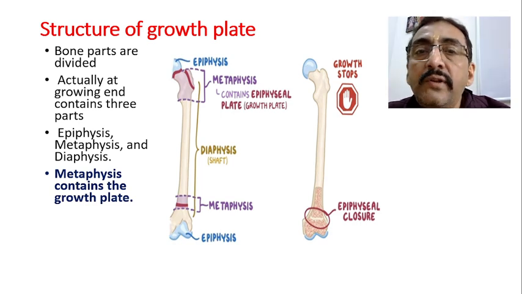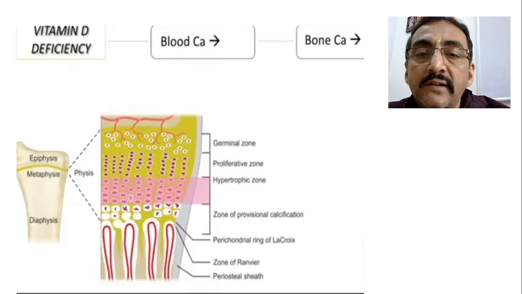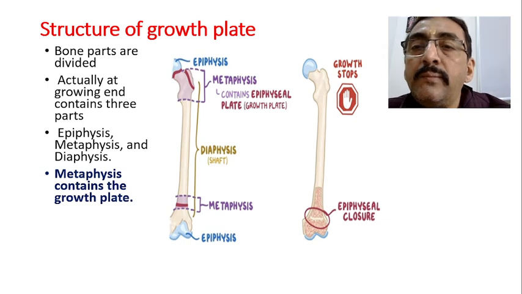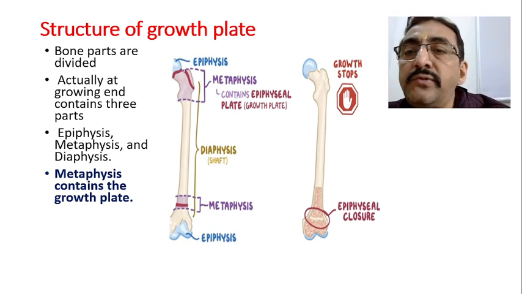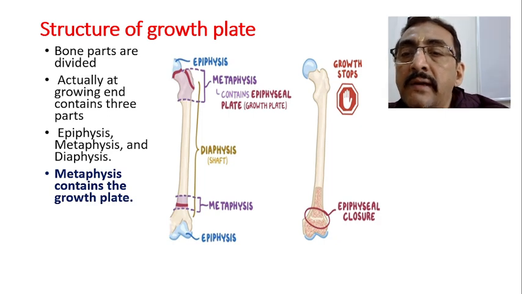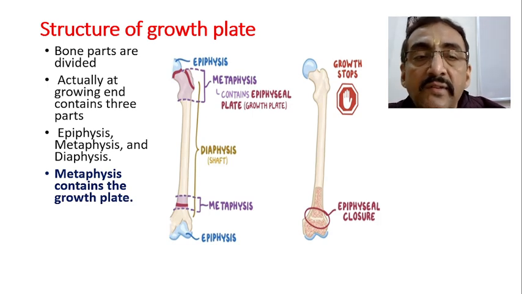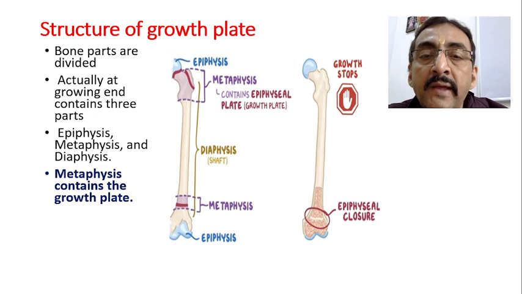If you look into the structure of the growth plate, as I told in the last class itself, this is the whole structure of the growth plate, which is situated at the metaphysis. Bones are basically divided into epiphysis, metaphysis, and diaphysis, as shown in the figure.